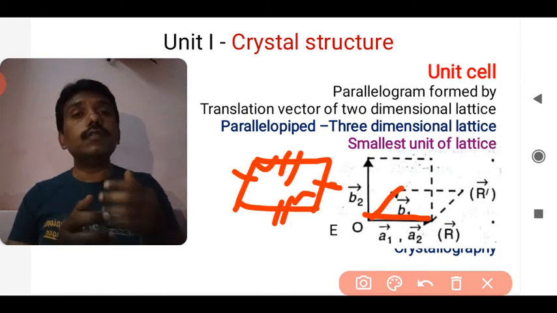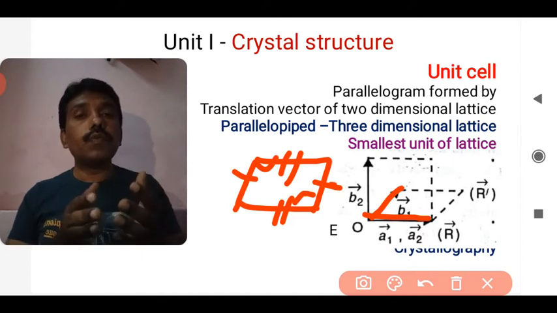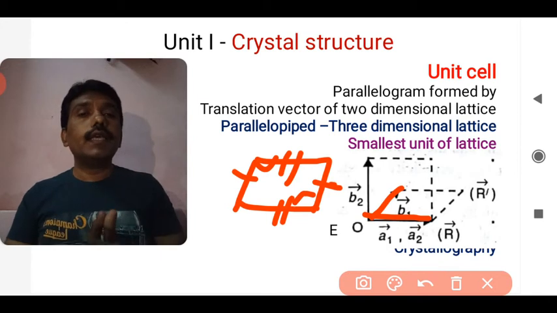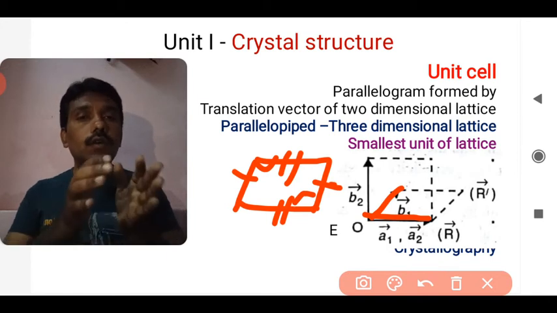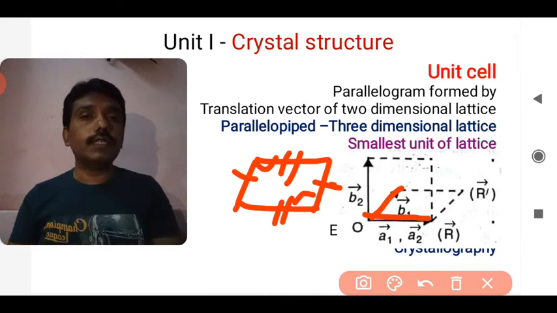When in the three-dimensional lattice your translation vectors form a parallelepiped, that cell is called your unit cell.